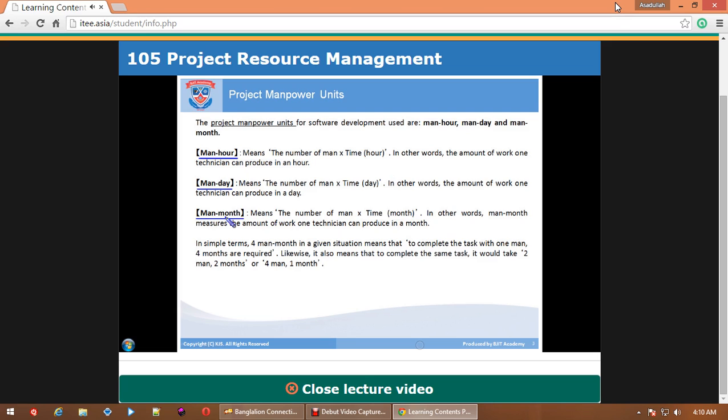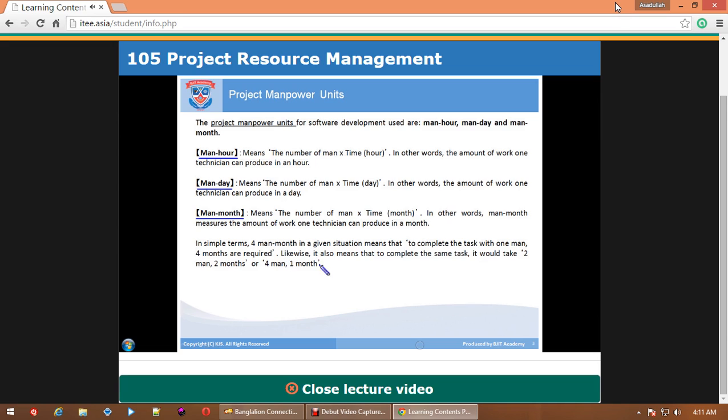Similarly, man month means the number of men times the time in months, that is, the amount of work one technician can produce in a month. For example, if 4 man months are required in a given situation to complete a task, it means that to complete the task with 1 man, we need 4 months.